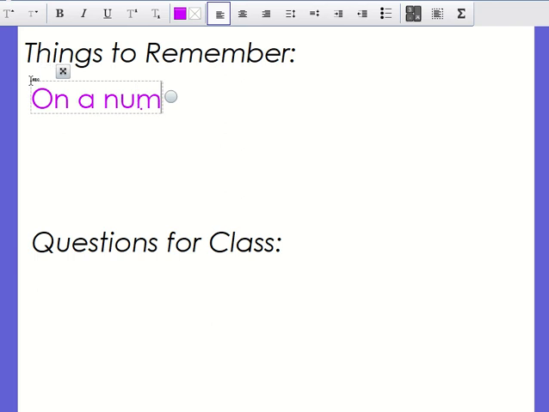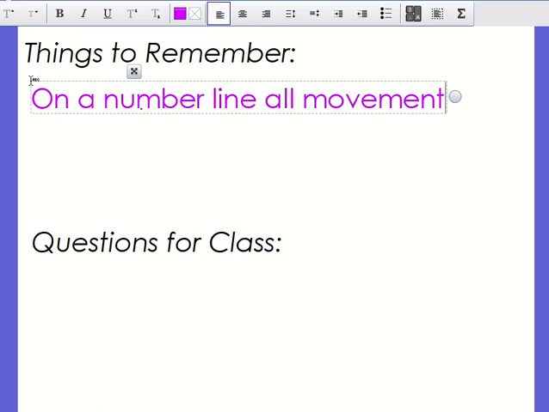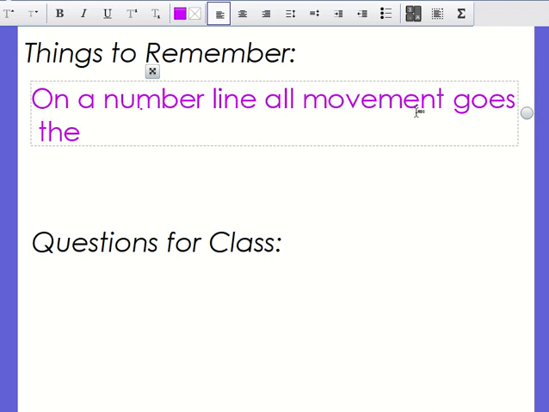On a number line, all movement goes the same direction. You can write whatever is best for you. You don't have to always write something.